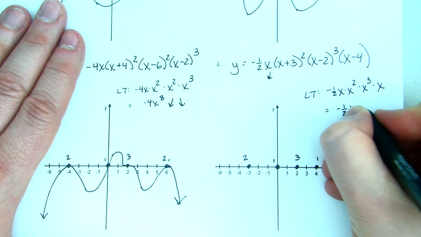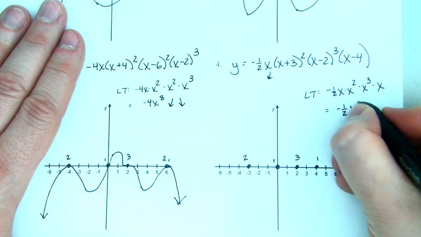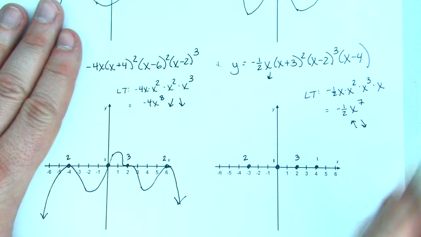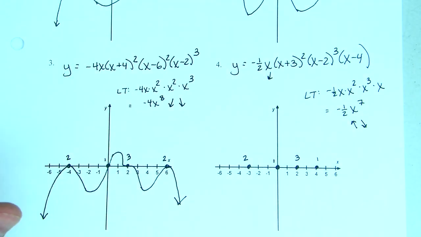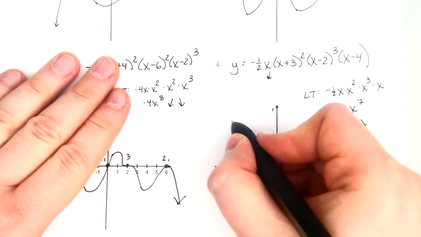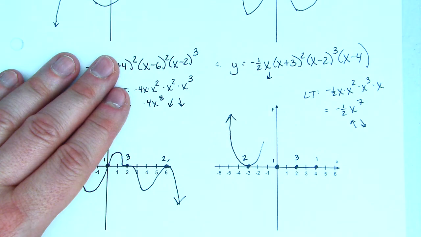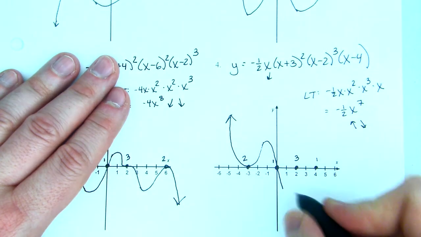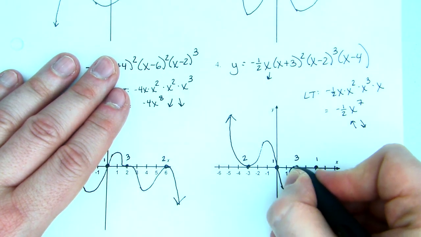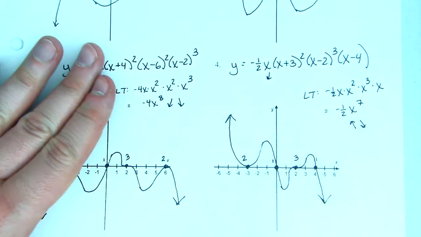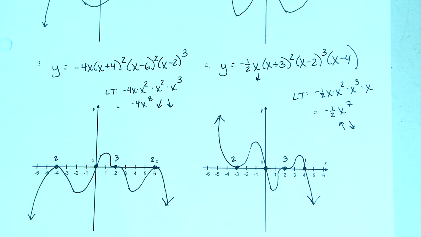That's negative 1/2 x to the 7th, up and down. See if you can do it. And I'm thinking something kind of like that.